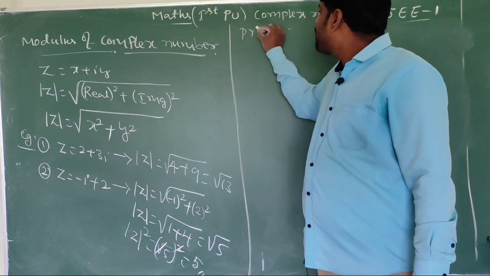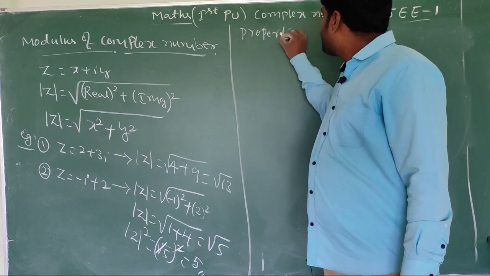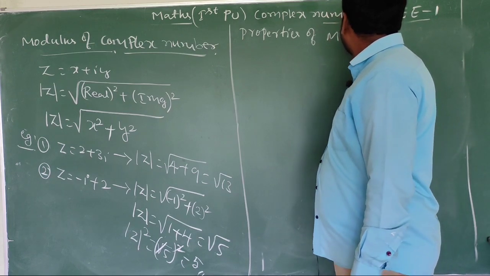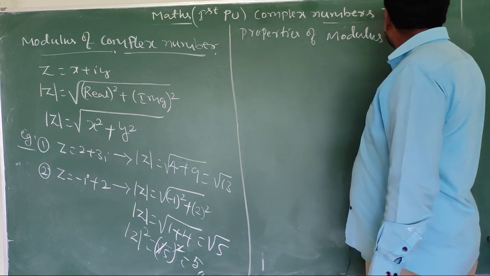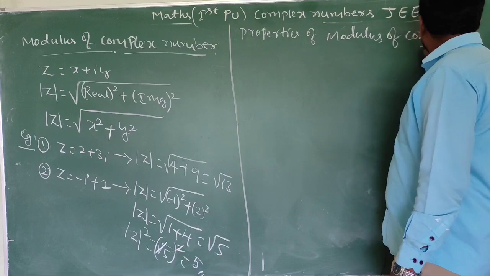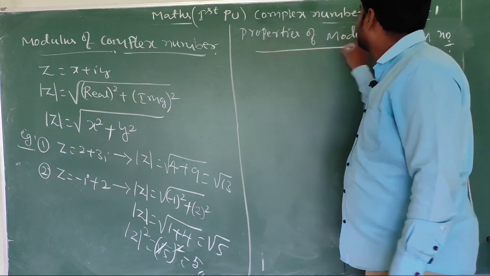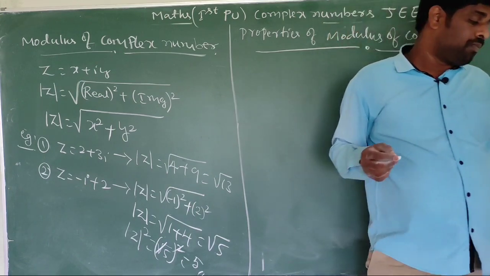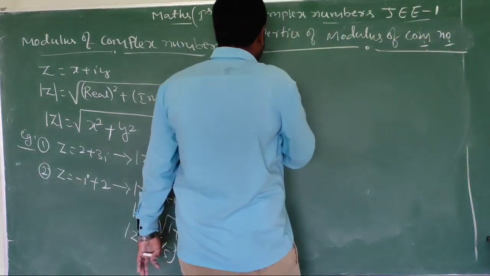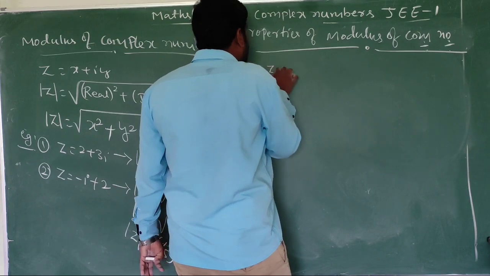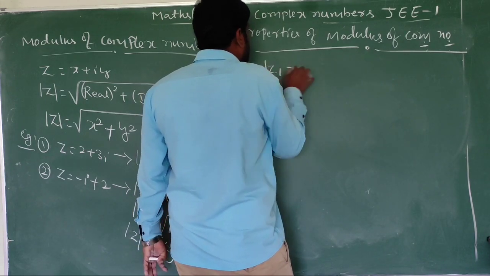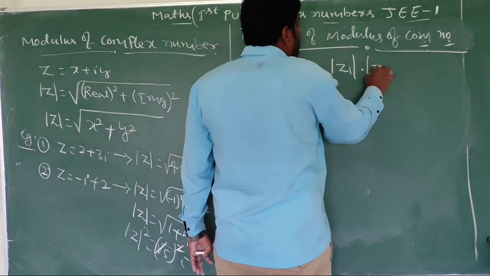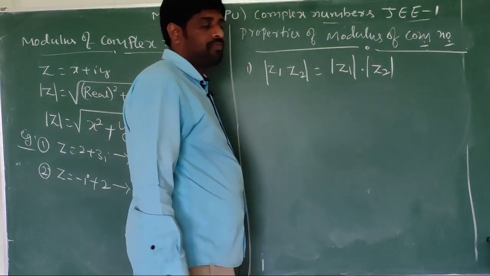Next, properties of the modulus of a complex number. First property is, for Z1 Z2, the modulus of Z1 Z2 equals modulus of Z1 times modulus of Z2.